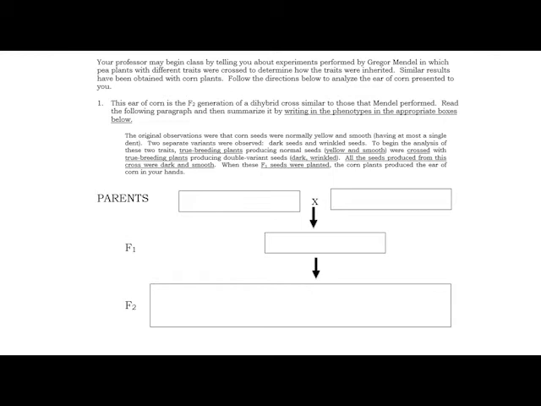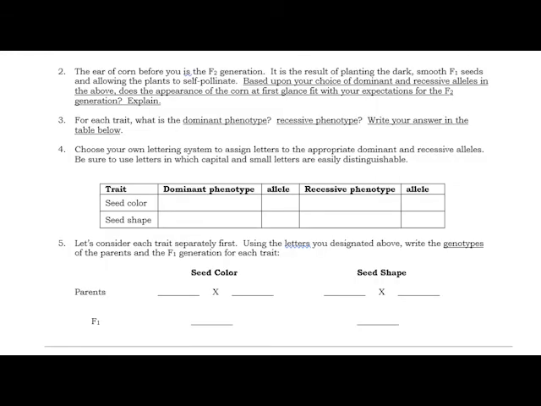And then when these F1 seeds were planted, you got the ear of corn that you see on the screen in the illustrations that you will be counting. And all of those variations need to go into the box labeled F2. Now, as we continue, we're going to see the second half of page 1.